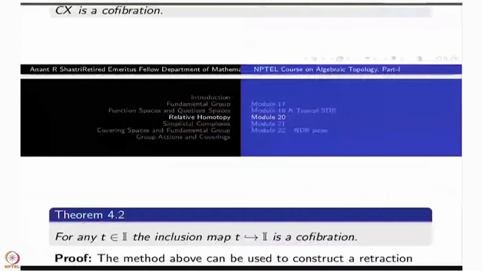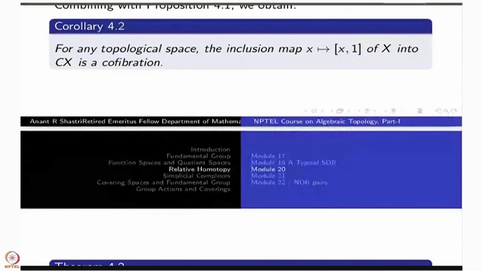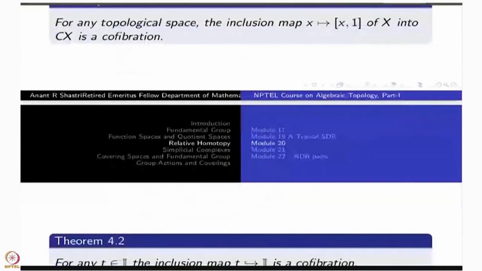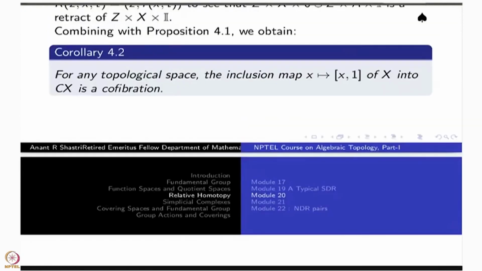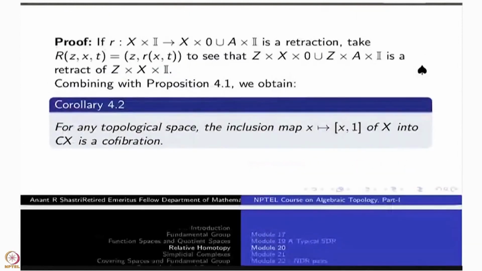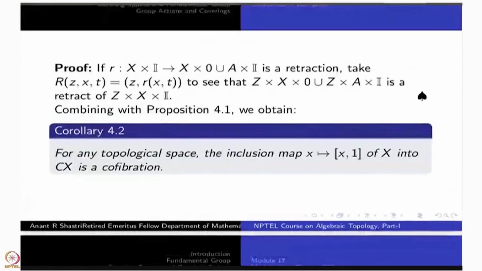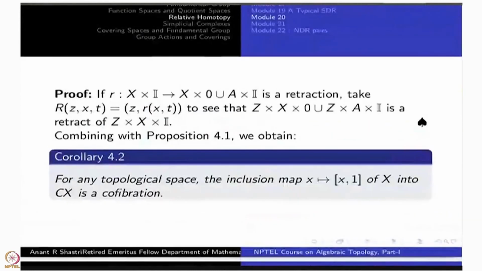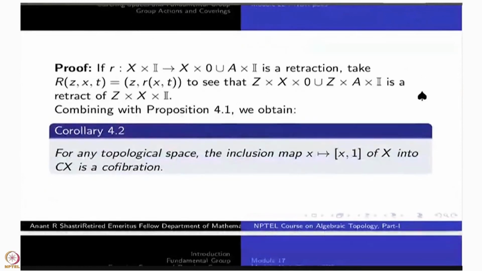Can you see how to get this corollary? Just like in this case, you have got a product now, and you can take the cone over that one also. In the previous thing, you got a product. Once you have this R, you can parameterize by another factor.